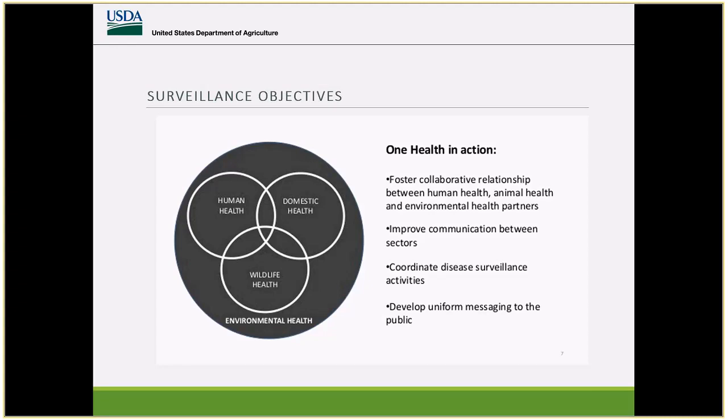We'd also like development of cross-sector surveillance and risk assessment plans for zoonotic diseases and One Health events specific for your state. That includes state-level cross-sector planning for monitoring human illness during known or potential zoonotic disease outbreaks.